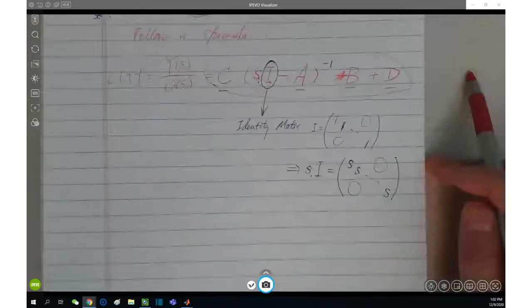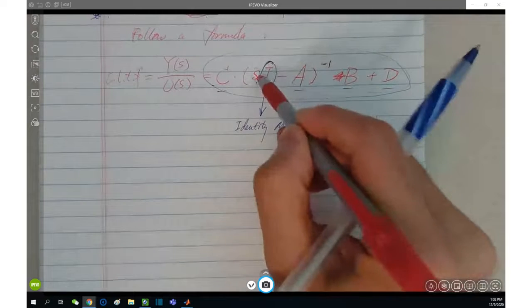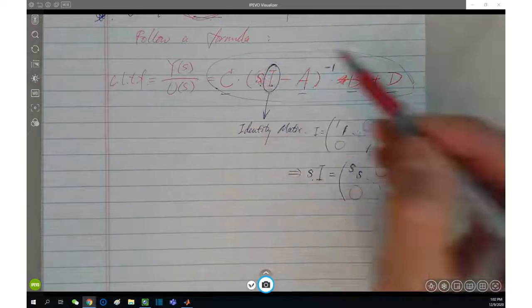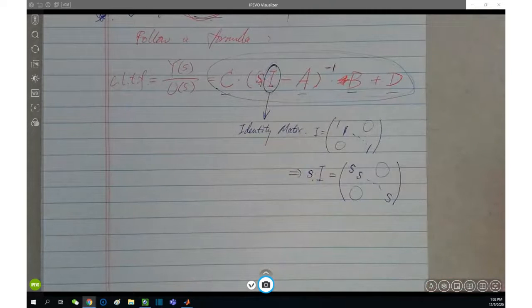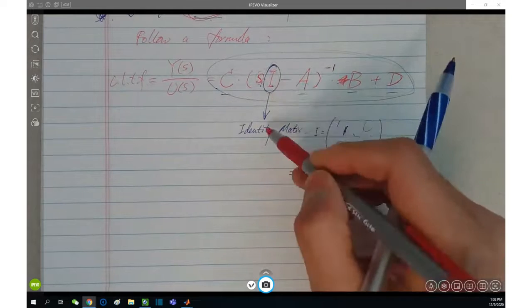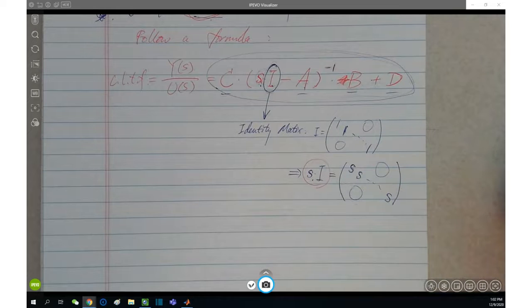Inside of this formula, the key thing is here. S is the S we have been using and playing with through almost the entire semester, times I, which is the identity matrix. S times I equals a matrix with main diagonal entry S and 0 elsewhere.